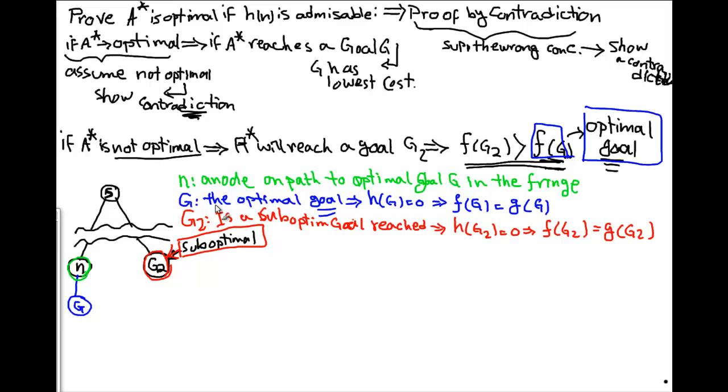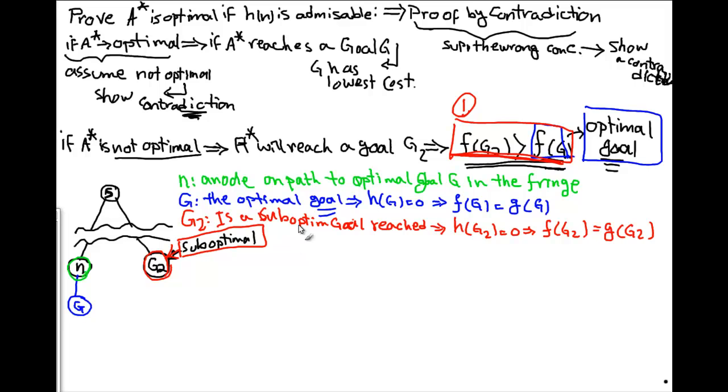From my assumption that A star is suboptimal, it has reached a G sub 2 goal whose f cost is greater than the f cost of G. So from 1, this assumption tells me that the f cost of G sub 2 is greater than the f cost of G, because G sub 2 is a suboptimal goal. Secondly, I'm looking at the fringe, and one of the nodes on the fringe would be node N, this green node here, on the path to the optimal goal G. But my algorithm has not picked that node to expand, and it has expanded G sub 2.